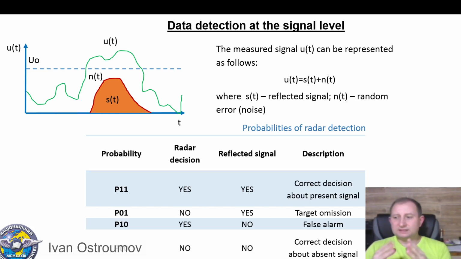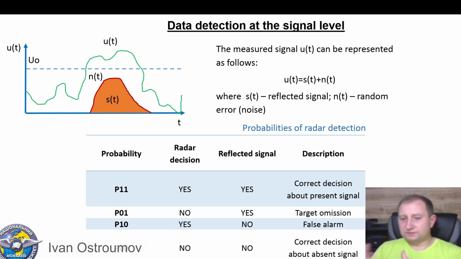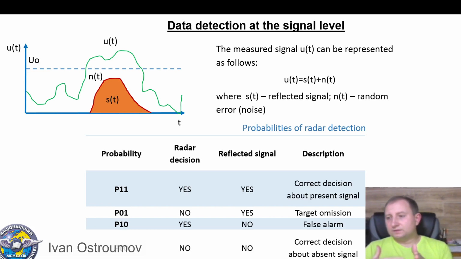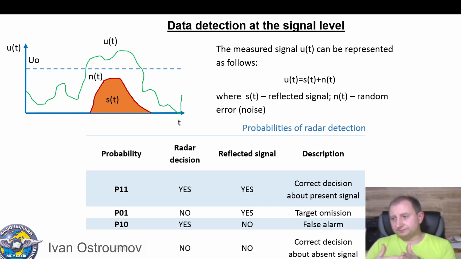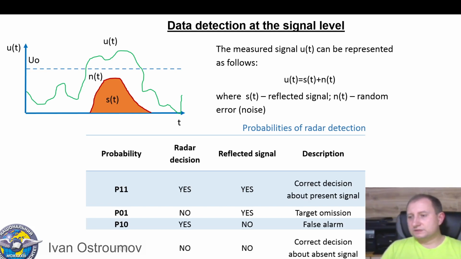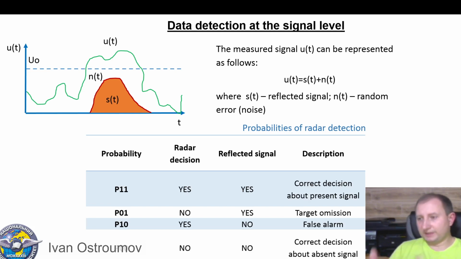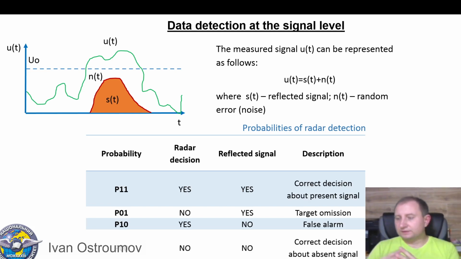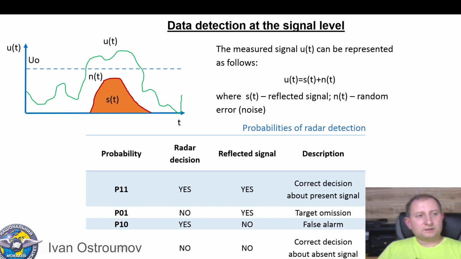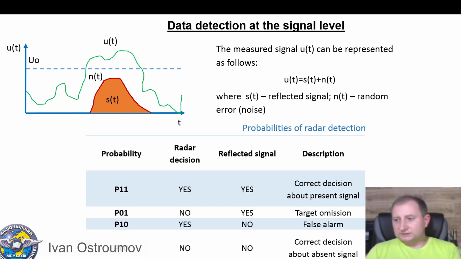One of the quite important problems in radar is which level of threshold value we need to use to correctly detect presence of a reflected signal at the input of receiver, because signals which we get back from reflection are quite poor by amplitude, and in this case we need to find compromise between different parameters of optimal detection.